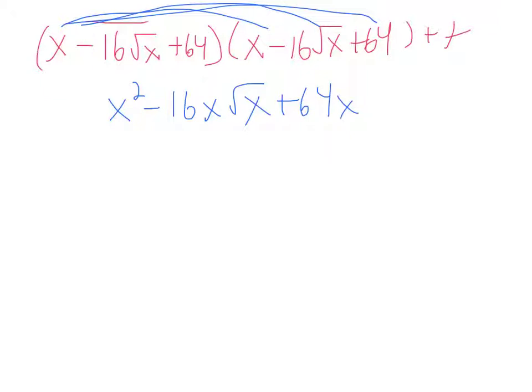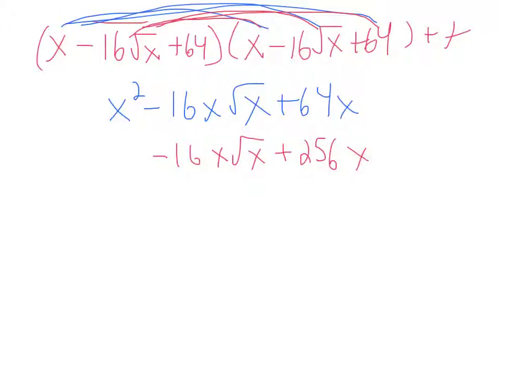Okay, and then I'm going to distribute the negative 16 root x through, so that's going to be what? Let's say another negative 16x root x. And then we're going to do plus, let's see, 16 times 16 is 256, unless I'm wrong. And that's x because the square root of x times the square root of x is just x.